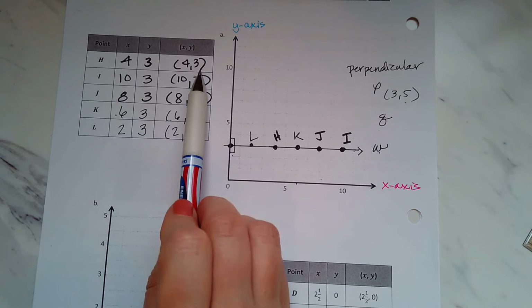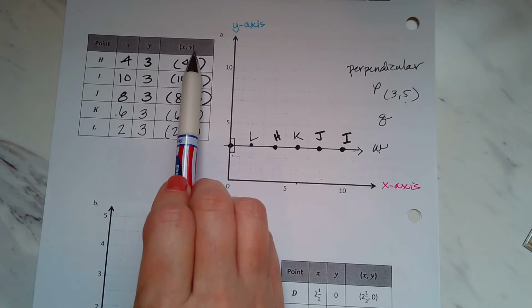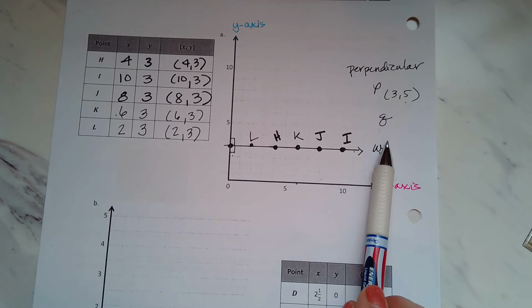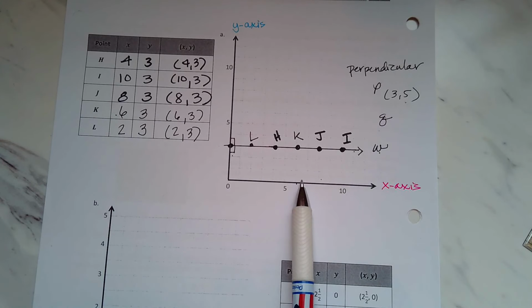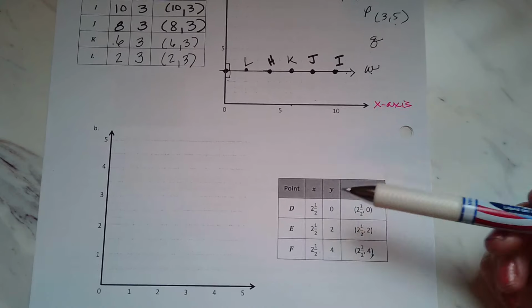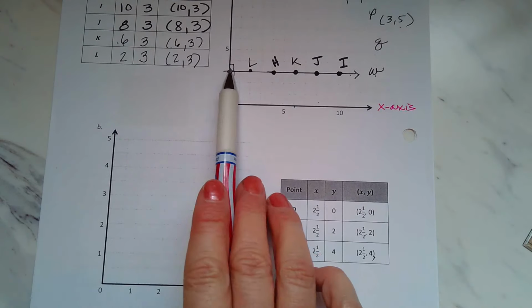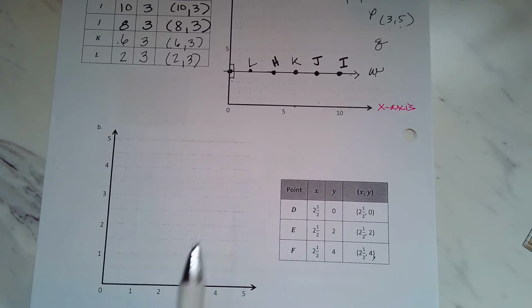So if the Y coordinate remaining the same, the line was parallel to the x-axis, what do you think is going to happen to this line here if the x's are all the same? If the y's are the same and it's horizontal, what do you think is going to happen with the x's?